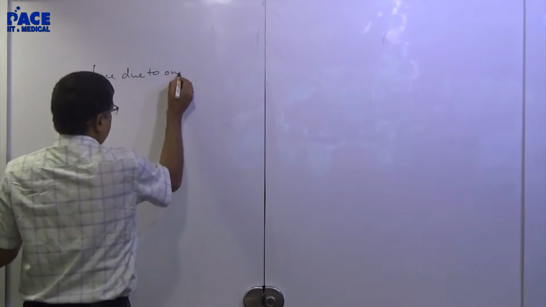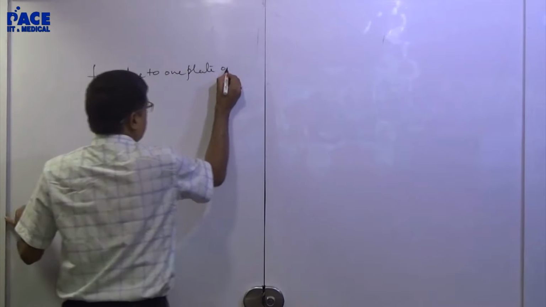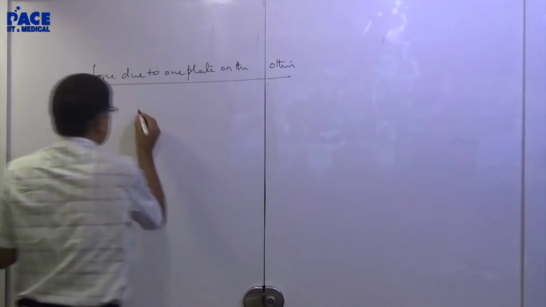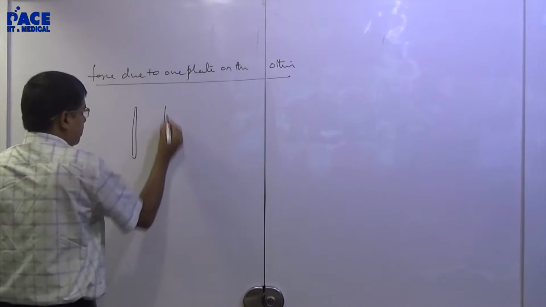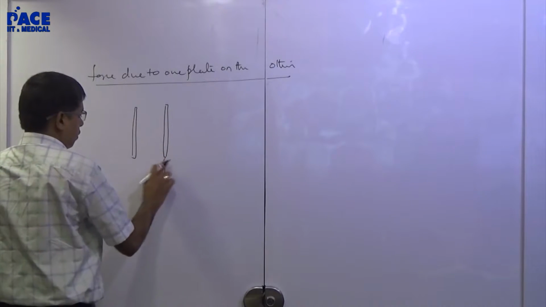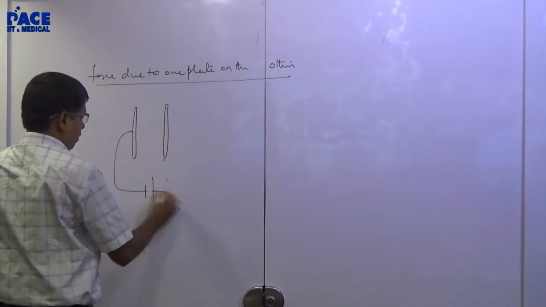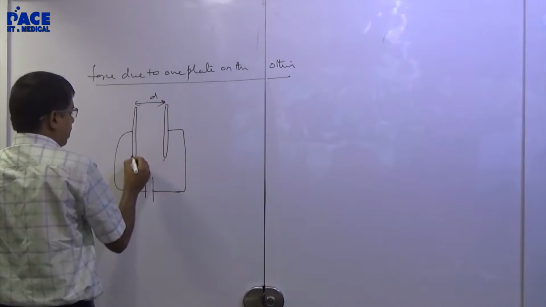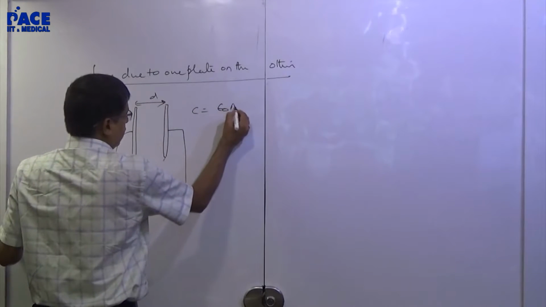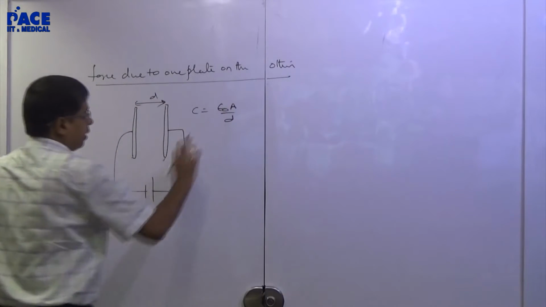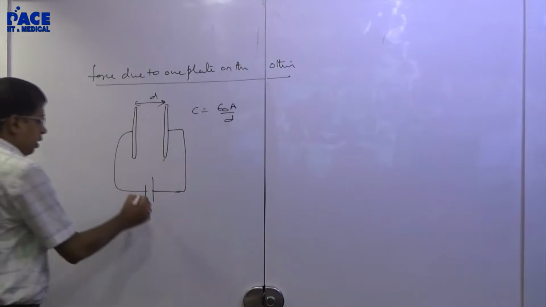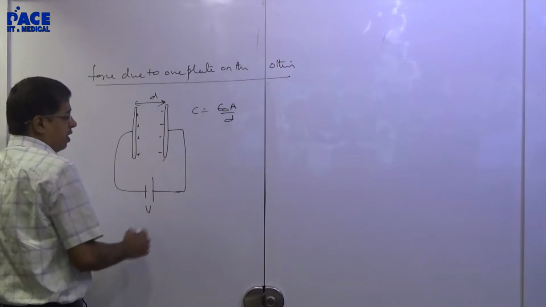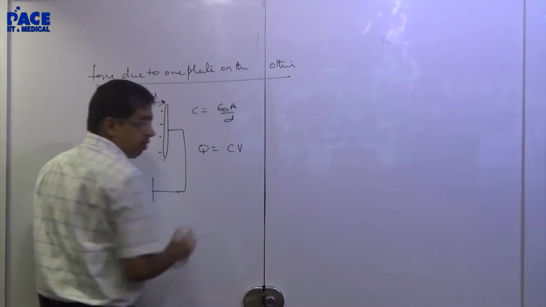Force due to one plate on the other. Now you have 2 capacitor plates. The distance between them is d. C is epsilon naught A by d. Right? Now if you have a potential V, you will charge this way and this will be negative charge. Q is equal to CV.